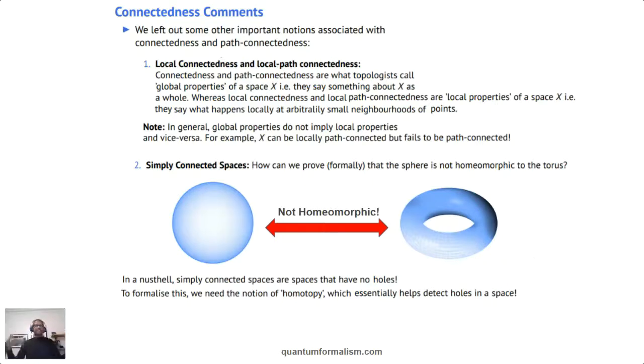In a nutshell, it's a tool that enables you to detect whether there are holes in the space. But to formalize this notion, we will need the concept of homotopy, which is the tool that helps you detect holes in a space. We will not do that in this crash course. We will get into homotopy in module 2, because I want to talk about fundamental groups as one of the first few lectures there.